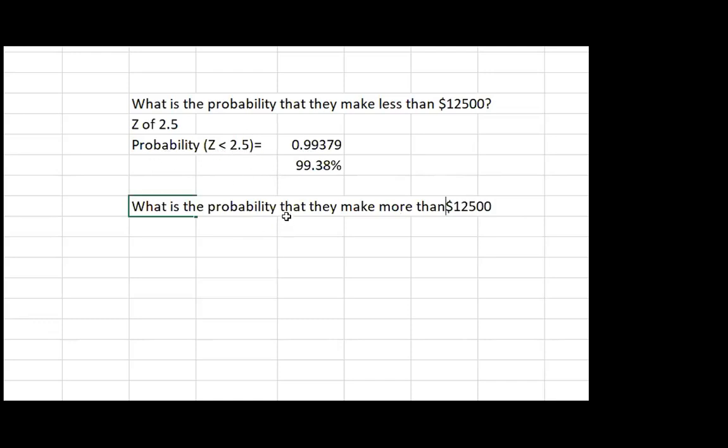It's the inverse, so it's a 1 minus. Let me just copy this one, and we use the same thing, just instead of less than, we have more than. More than would be 1 minus less than.